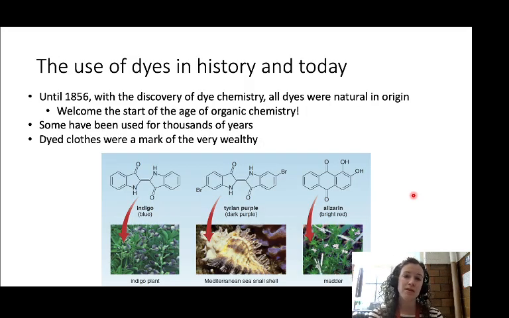Now, just last thing, folks, I want to talk a little bit about dyes, because dyes are actually kind of like the founding element of organic chemistry today. So until the 1850s, to get dye for your clothing, you had to go to the fields, harvest some flowers, and extract the color from that source. However, by accident, almost in labs, dyes were created, and this kind of spawned organic chemistry.